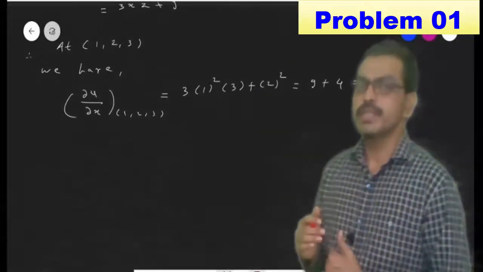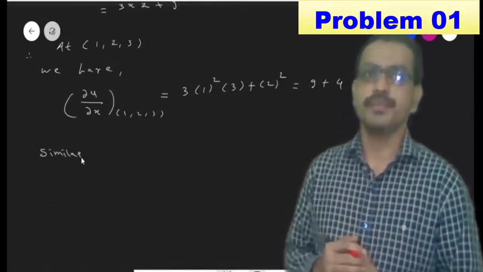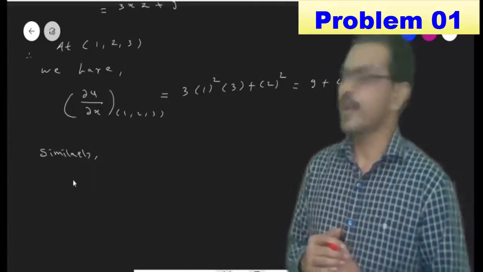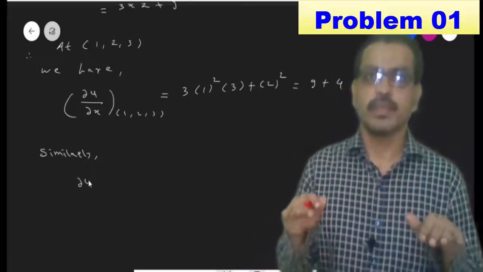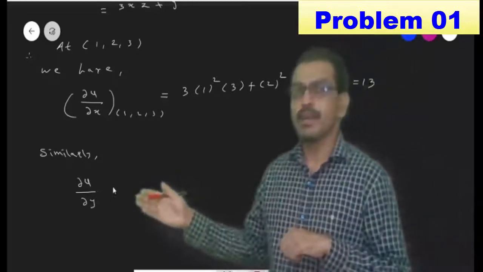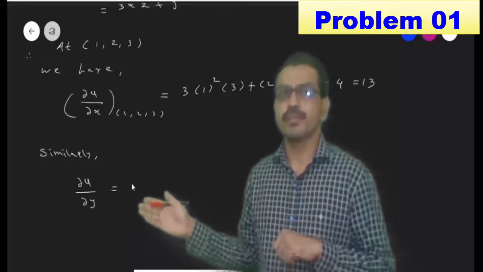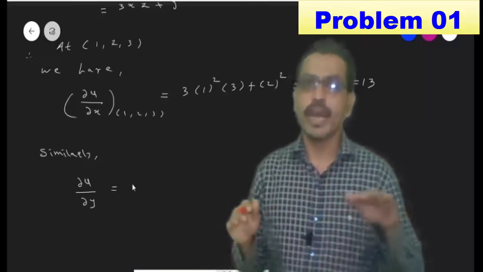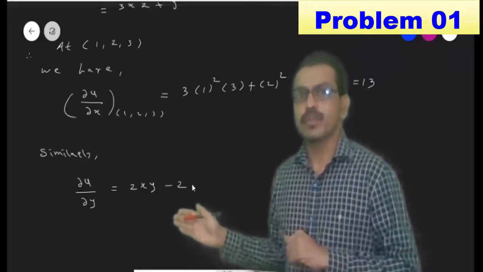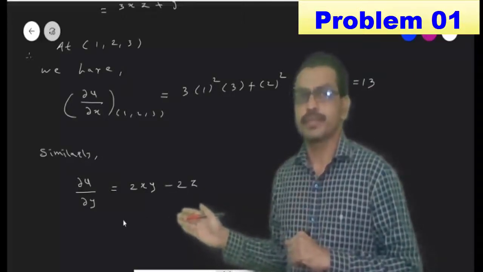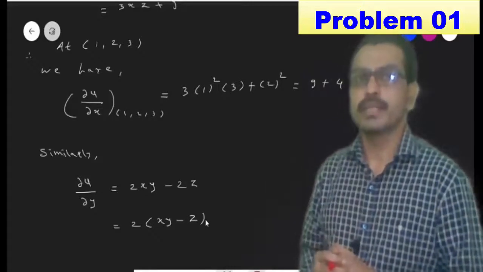Now differentiating equation 1 partially with respect to y, treating x and z as constant, we write ∂u/∂y is equal to 2xy minus 2z, that is 2 in brackets (xy minus z).